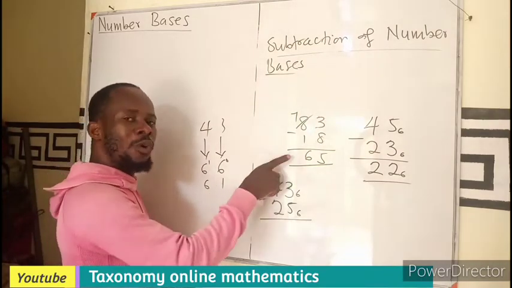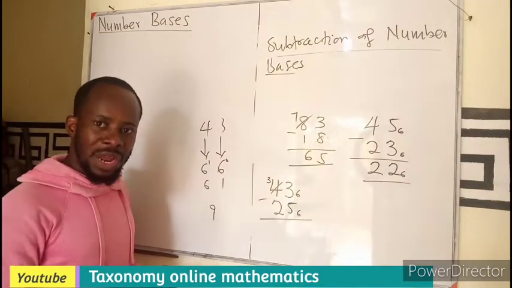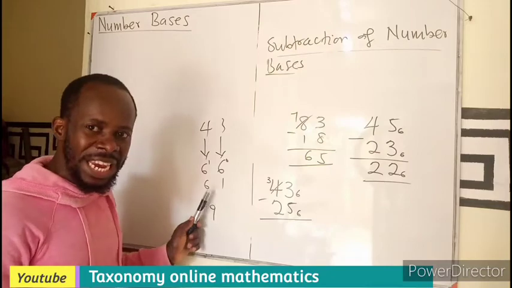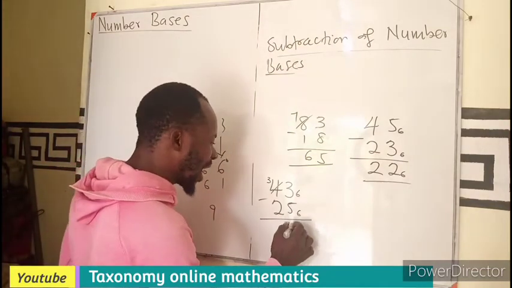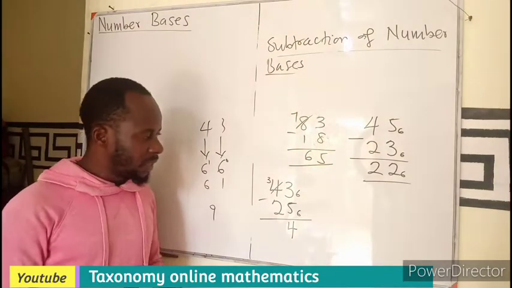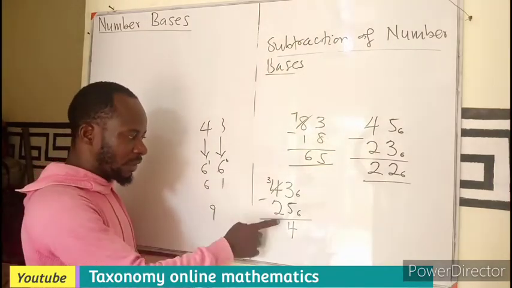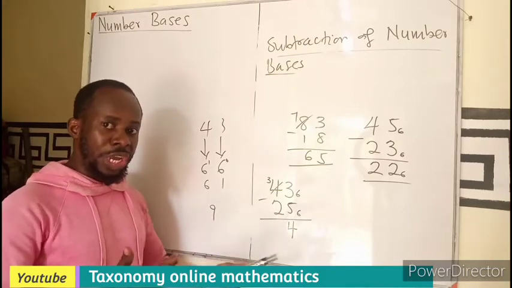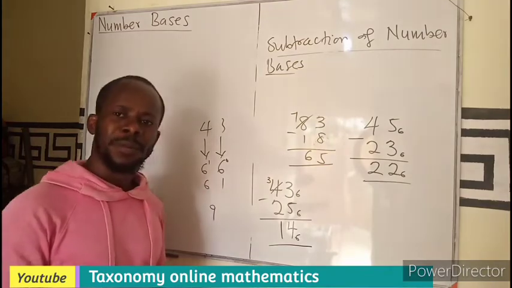So the 6 will be added to this 3 to give us 9. So now 9 is big enough for us to subtract 5 from. So I can get my answer as 4. Then 3 minus this, they are all in the same place value of 6, so no need to change their values, and that gave me 1 base 6.